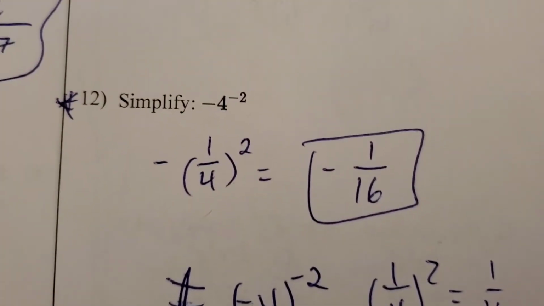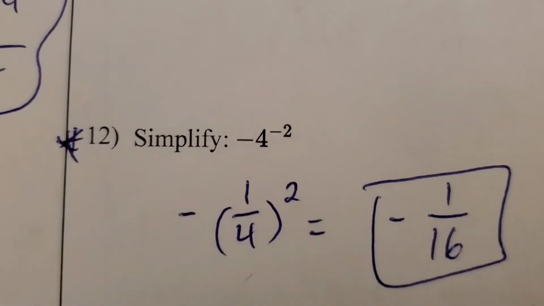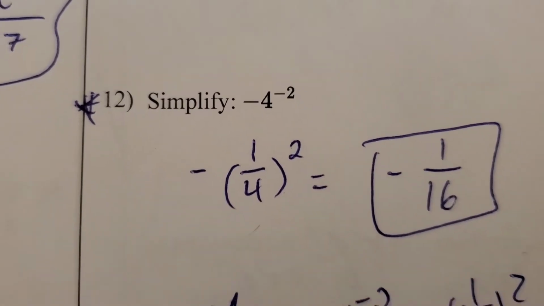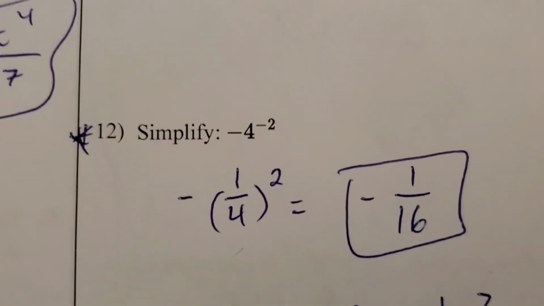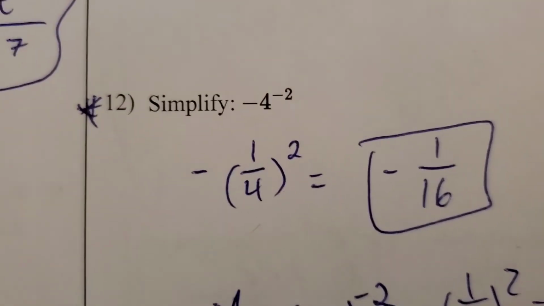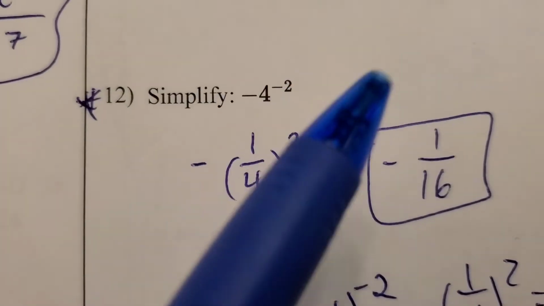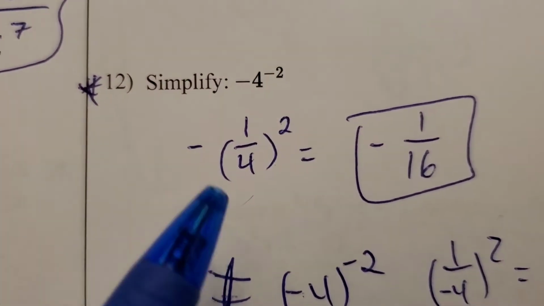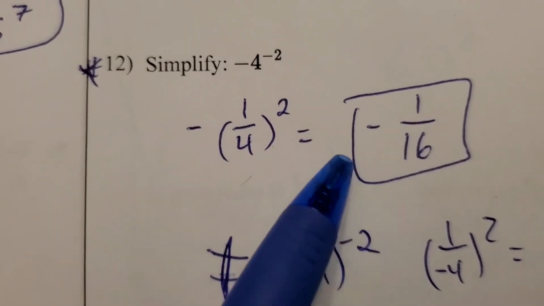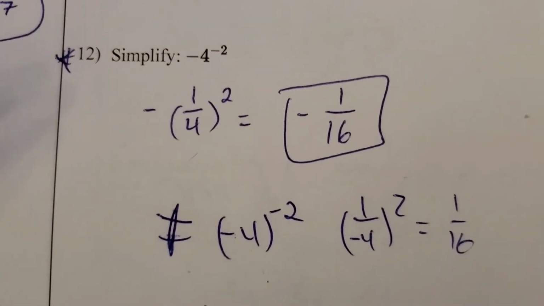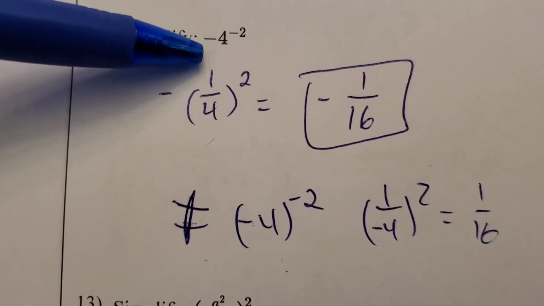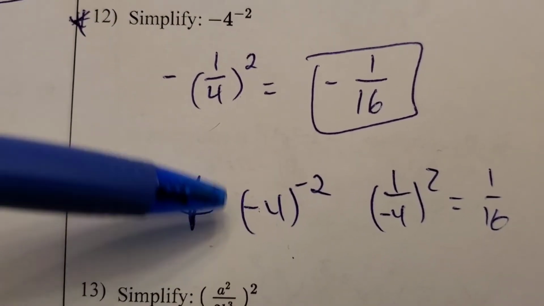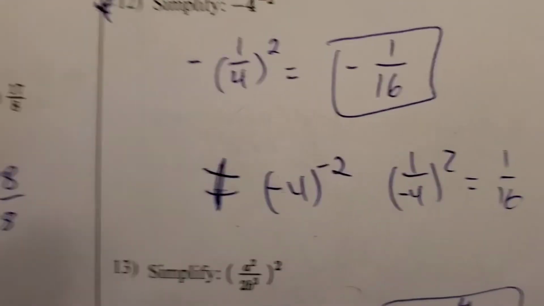That negative is not included in the exponent, and in the base being raised to that exponent, excuse me. And if you know your rules of operations, all right, exponents come first. Right, PEMDAS, parentheses, exponents. So you'd be raising the 4 to the negative second power, then negating it at the end. So be very careful. There's a big difference with how it's written here as opposed to here. Okay, so just be conscious of that.